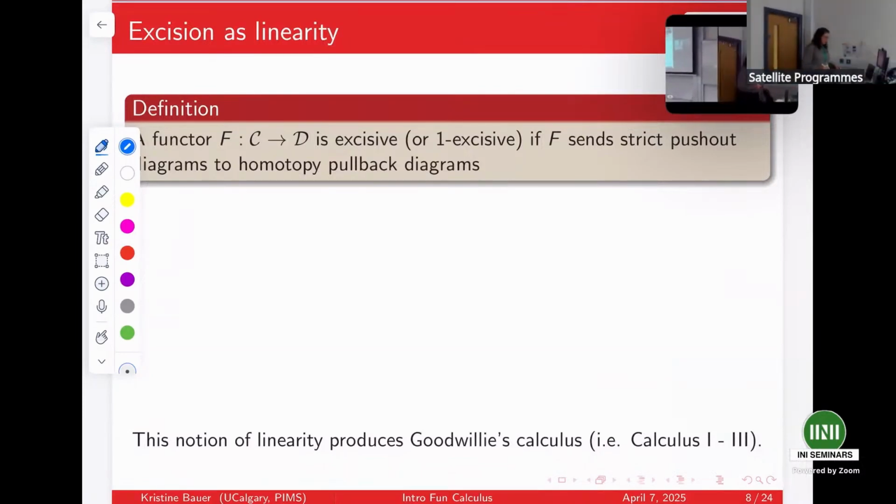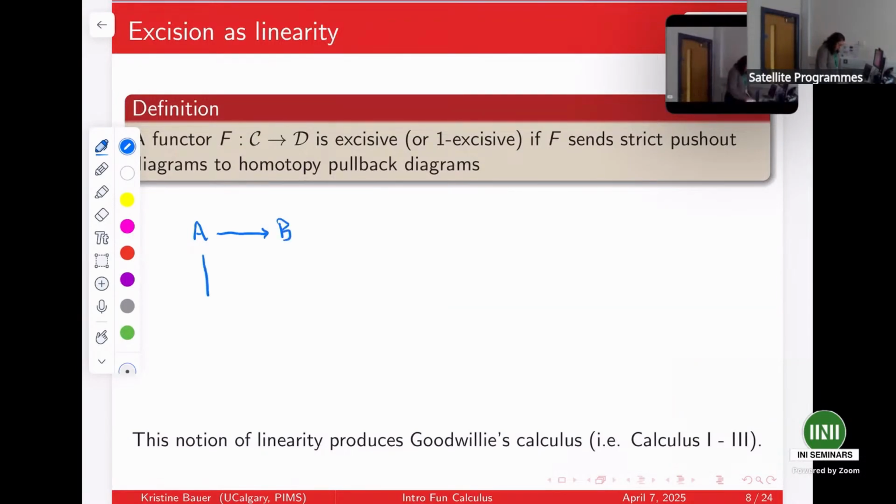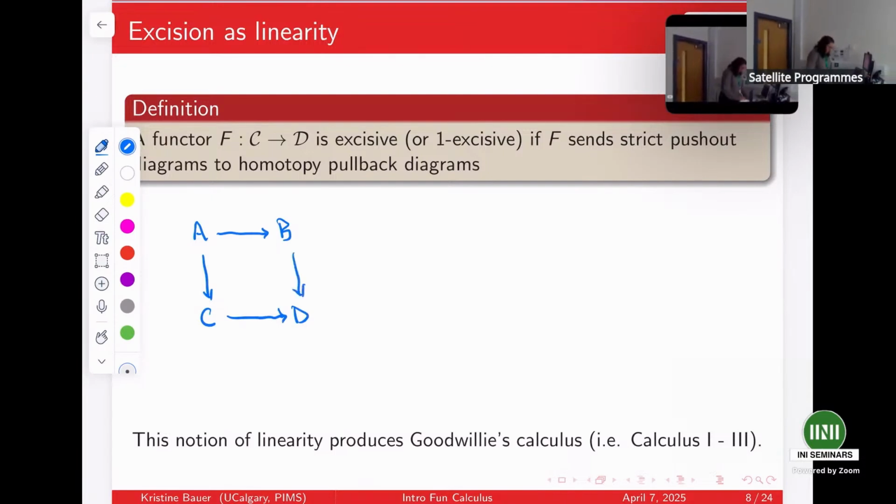So a functor is called excisive if it sends strict push-out diagrams to homotopy pullback diagrams. In other words, it's not so easy to write on an iPad while you're trying to talk to a group of people. So excuse the fuzziness. The pencil is wavering a little bit more than it usually does.